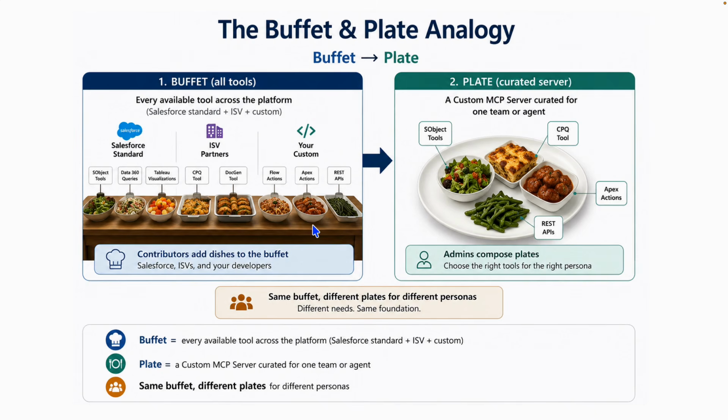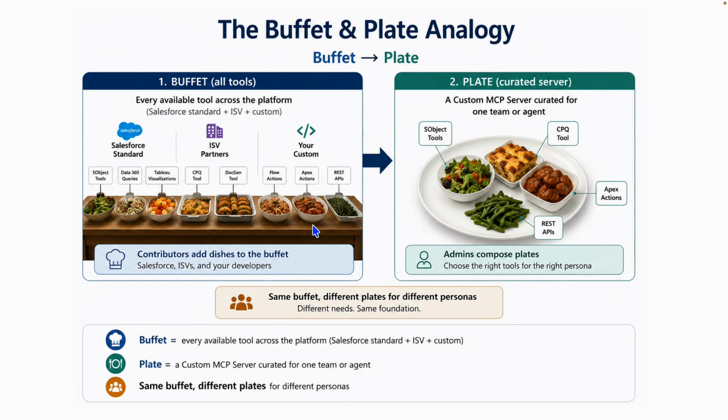Let's try to understand this with an analogy, and I hope it will be clear when to go for the standard server and when to go for the custom server. Imagine a buffet, a long buffet table with dishes contributed by different chefs. For example, the Salesforce product team puts dishes there like the sObject tool, Data 360 queries, and Tableau visualizations.